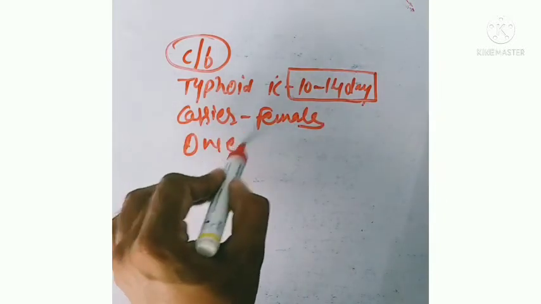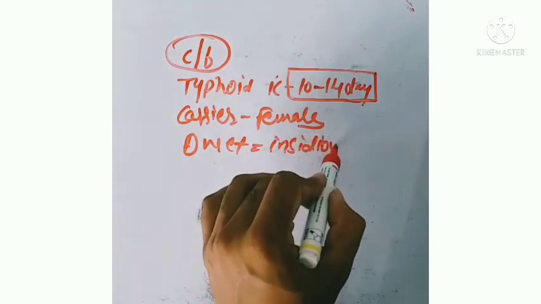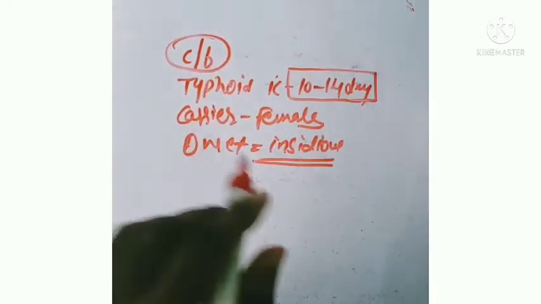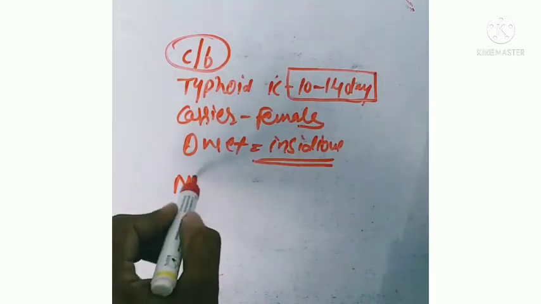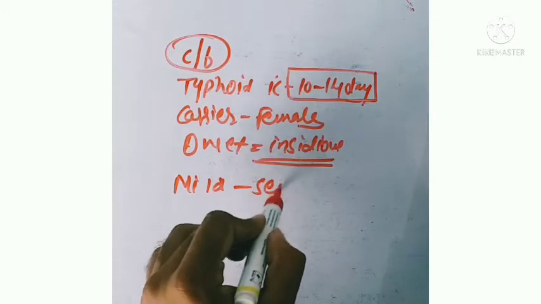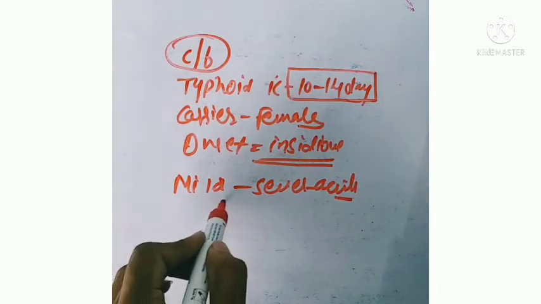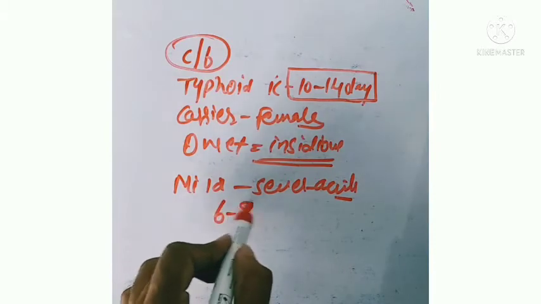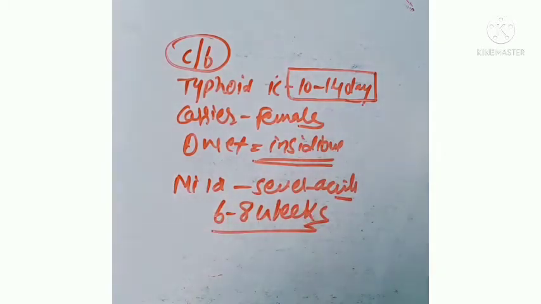Onset of the infection will be insidious. You don't know that tomorrow you will be infected with the Salmonella typhi. The fever will be mild. It can be severe. It can be acute. The fever of the typhoid will last for 6 to 8 weeks. Okay.